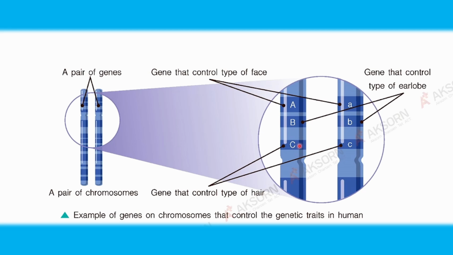Capital C, lowercase c. Gene that controls type of hair. Example of genes on chromosomes that control the genetic traits in humans. There should be an S here.